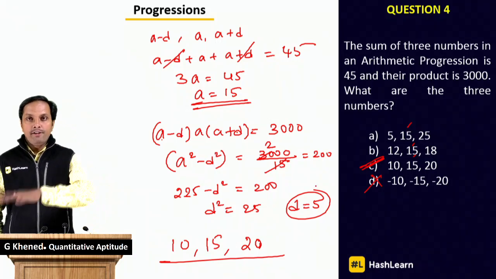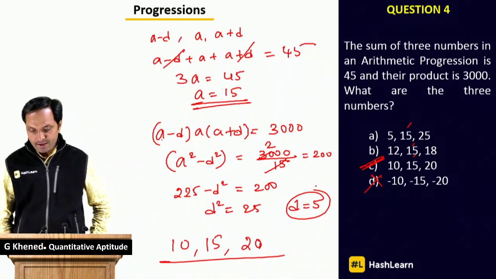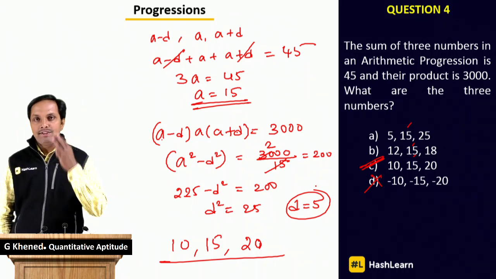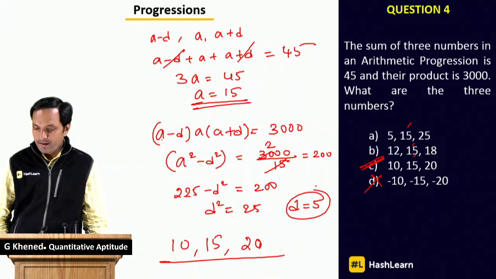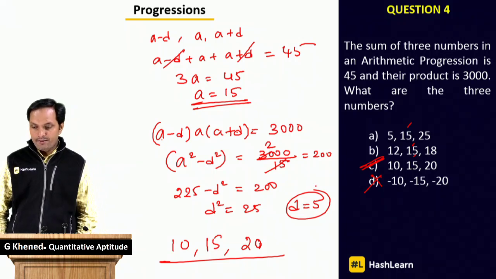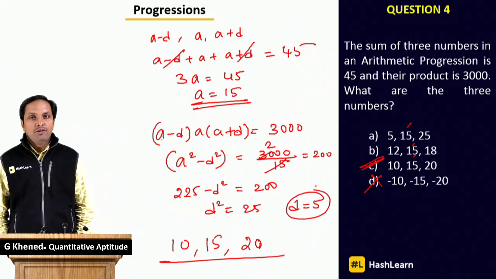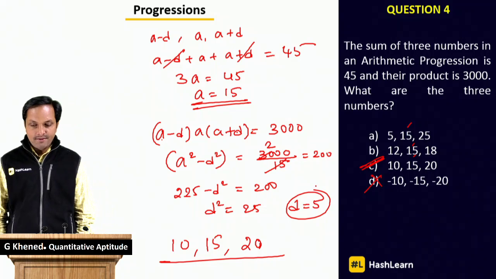Therefore add 5, you will get the next term to 15. Subtract 5, you will get the preceding term to 15. That is 10, 15 and 20. If you add these three numbers, you will get 45, and if you multiply, you will get 3000. Is it clear? Okay. Hope that all have followed the steps.